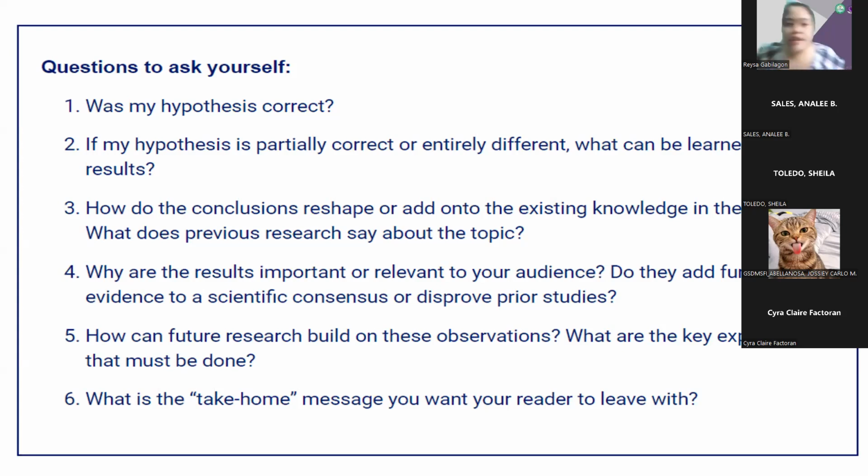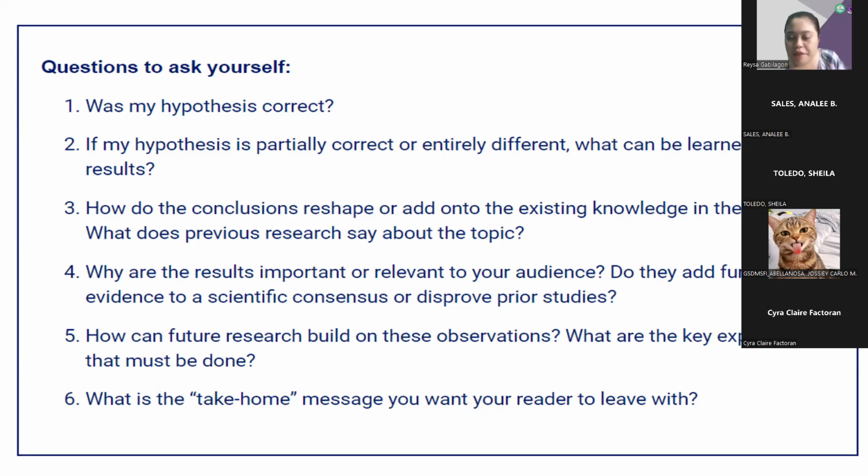So again, after assessing the findings of your study, you really have to think about your hypothesis, whether that was correct or not. Now, if the hypothesis is partially or entirely different, you have to think of what can be learned from the results.